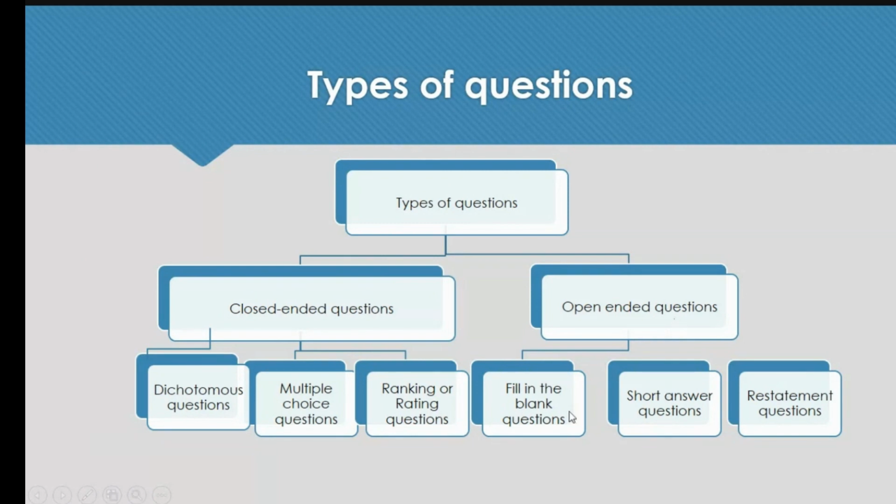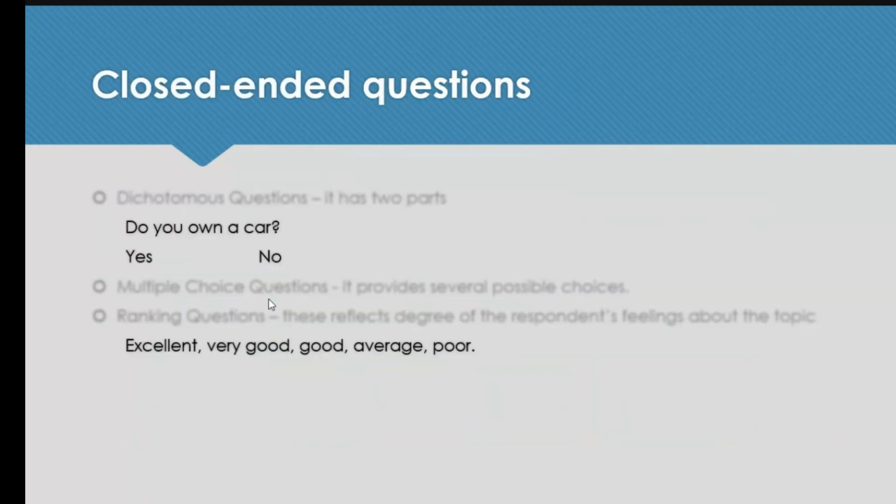In open-ended questions, we have fill in the blank questions, short answer questions, and restatement questions. Overall we have six different types of questions. So when you are preparing your questionnaire, you can follow this. Let us look at closed-ended questions.